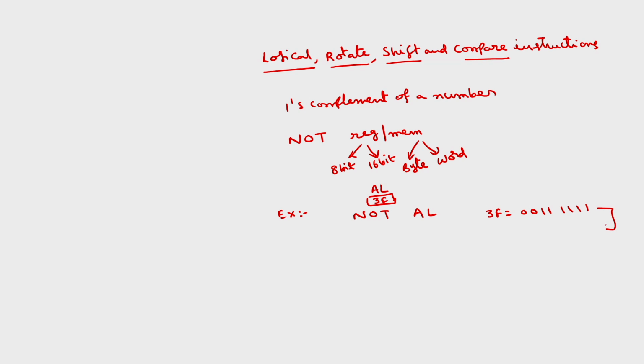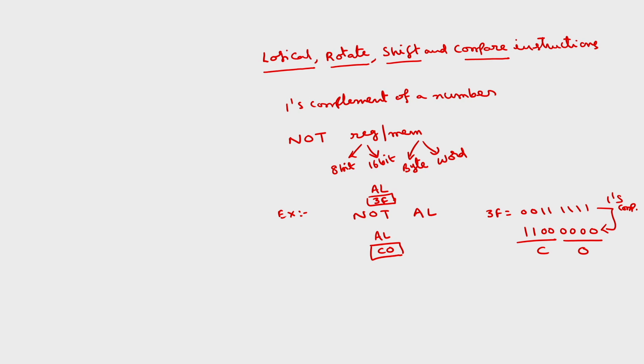If you take the 1's complement of this, 1's will be changed to 0, 0's will be changed to 1: 1 1 0 0 0 0 0 0. So, this will be C, this will be 0. After this the contents of AL becomes C0. So, it simply determines the 1's complement of the register or memory location that is specified here.